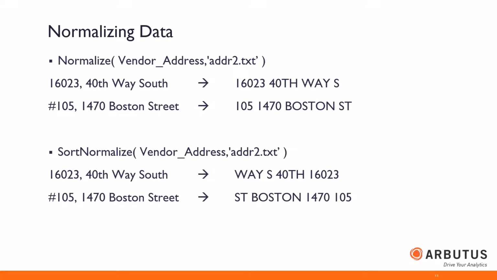And the same transformation would occur on the second address. So even if the same address is entered in two different ways, odds are the sort normalize will be able to detect fuzzy duplicates, whereas a straightforward visual testing or literal testing would not. We'll see an example of this later when we do some transformations of addresses.